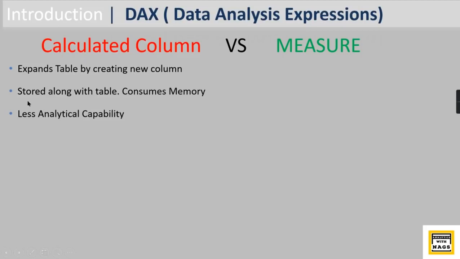A calculated column is stored along with the table. So if it contains 10 columns and there are 1 million rows, then for those 1 million rows the new column also will be stored. So it consumes memory.